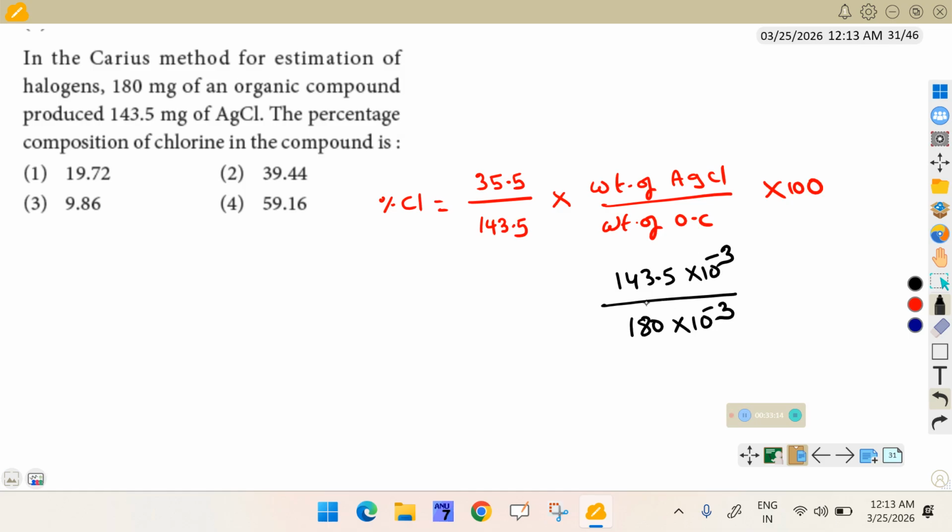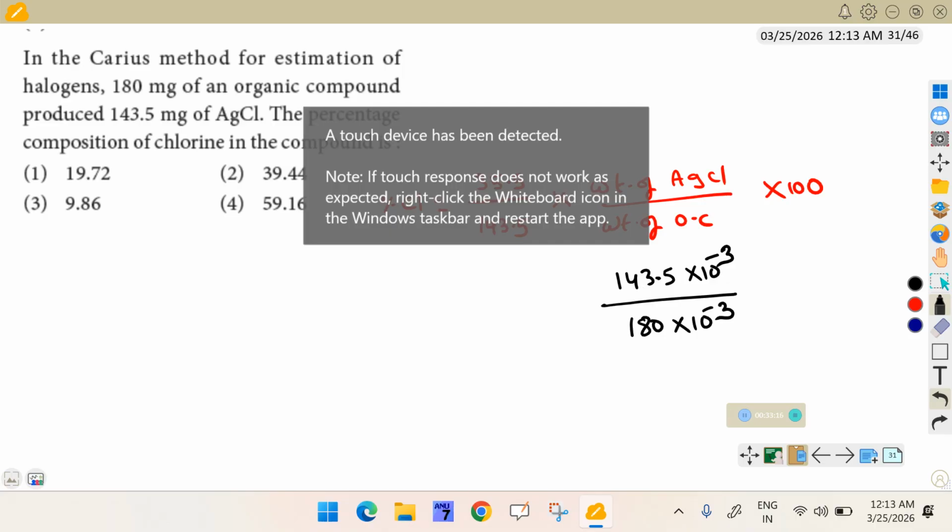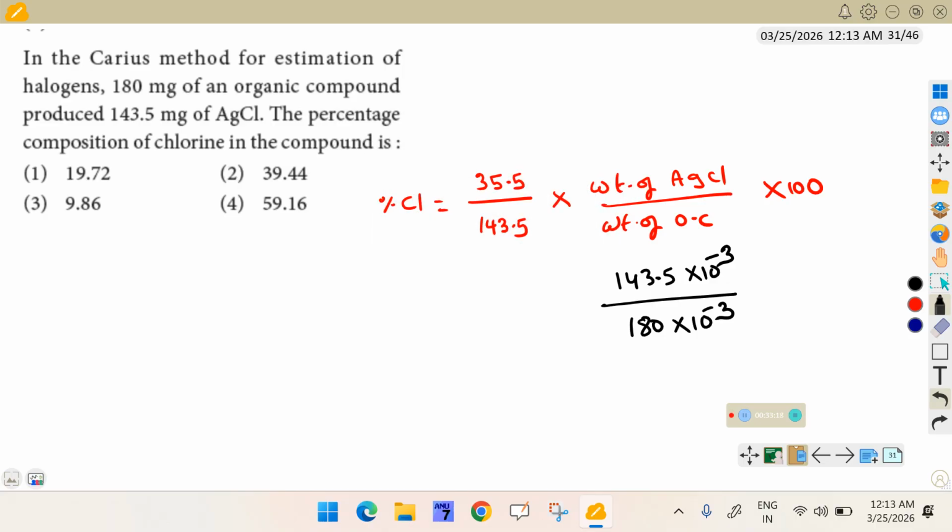The percentage composition of chlorine in the compound is 35.5 by 143.5 into 100. Now you can simplify, you will get 19.72.